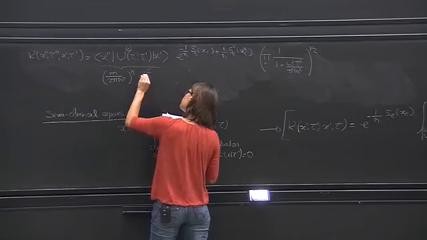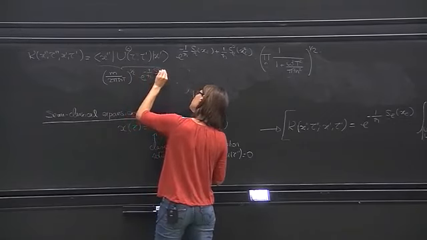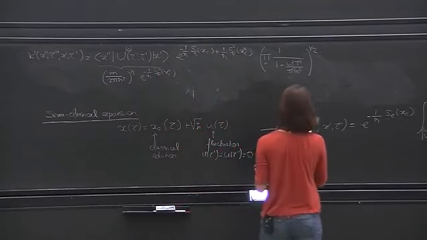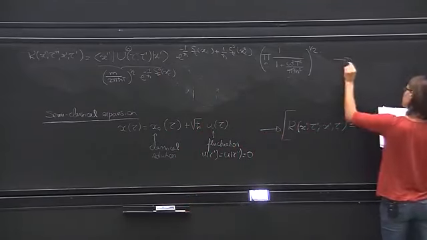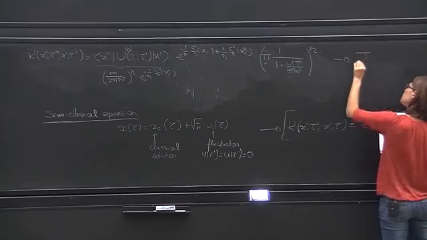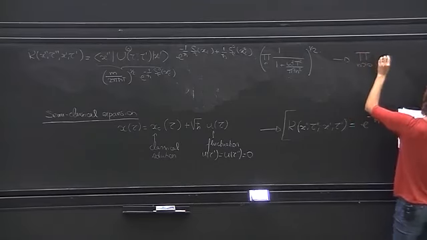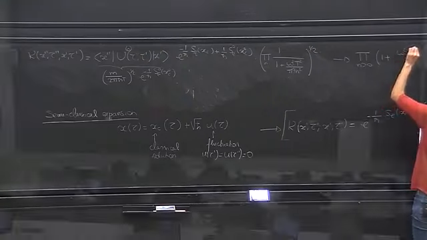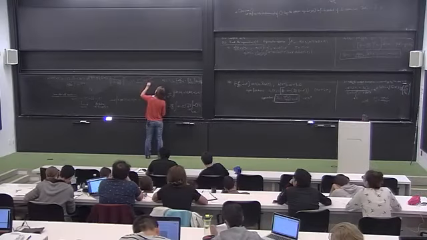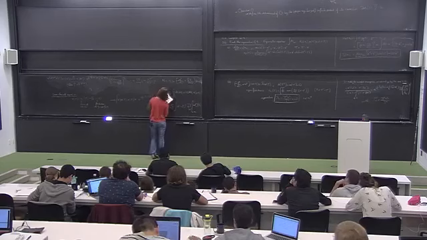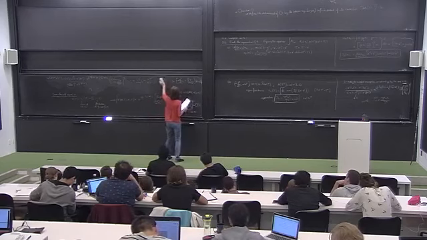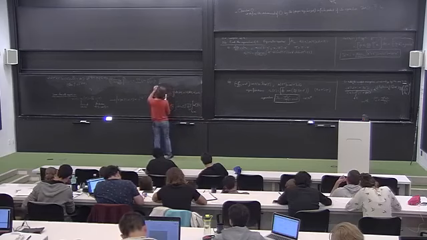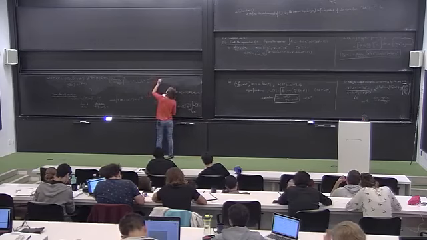So these two terms simplify, and now I can use the fact that this is a well-known result, or at least it has been computed many times, and here you get that it's a finite factor.